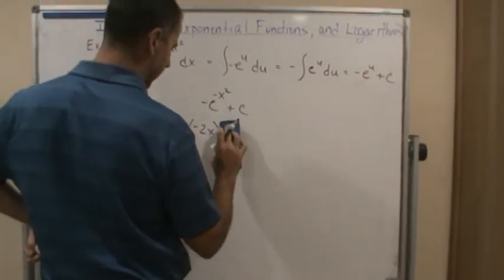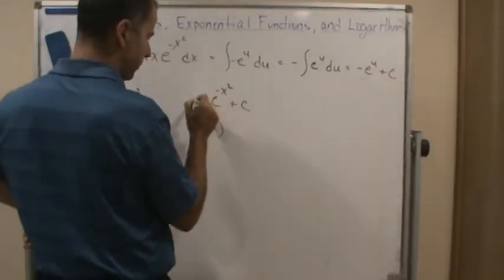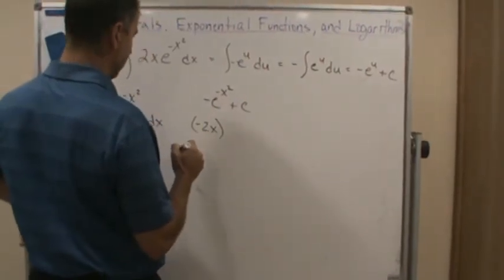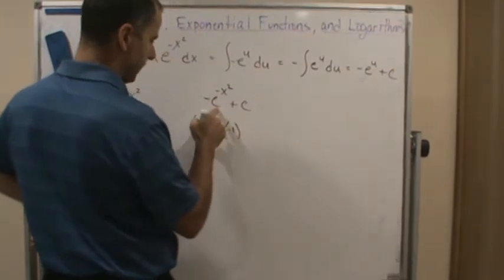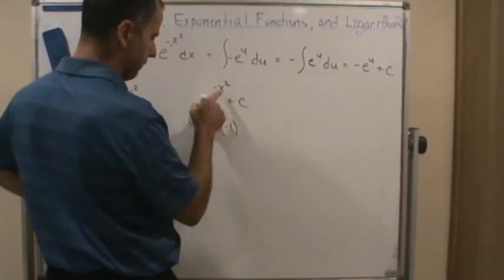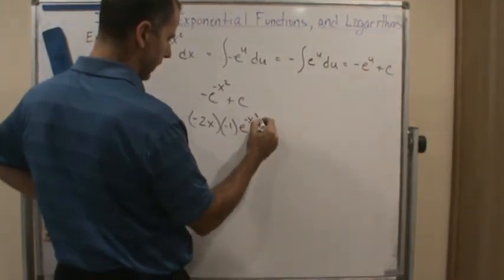Just the same thing, right? So this negative 1, and then the derivative of the outside function is just e to the negative x squared.